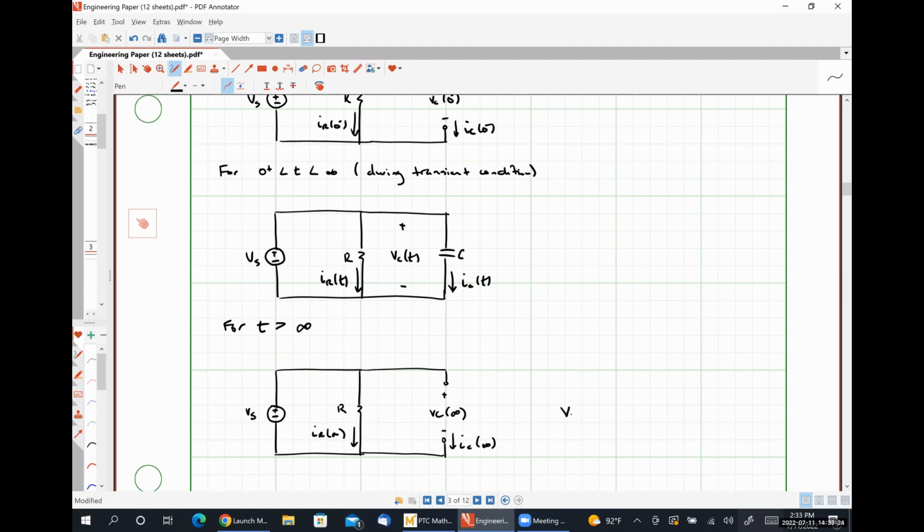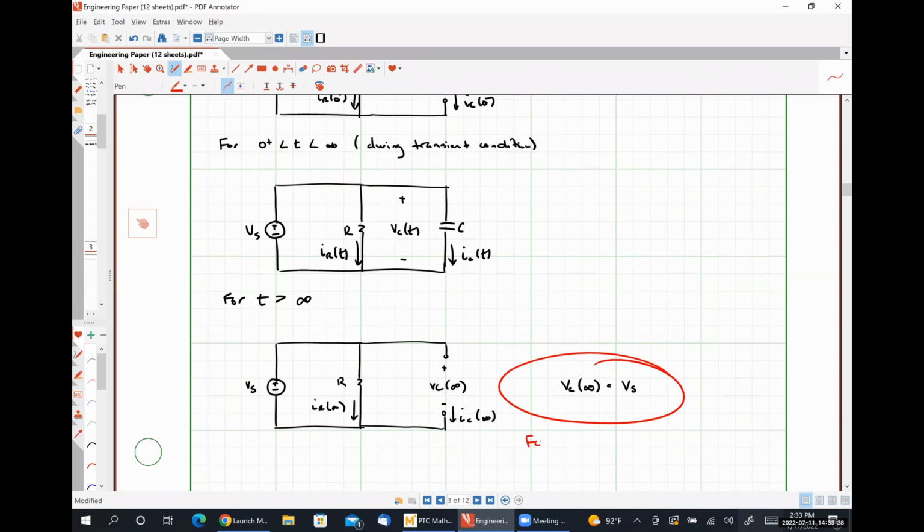And we can see by inspection here that VC at infinity is equal to Vs. This bit right here is our forced response. We call it a forced response because our voltage source is forcing the capacitor voltage, in this case, to settle to some non-zero value as time increases. Okay.